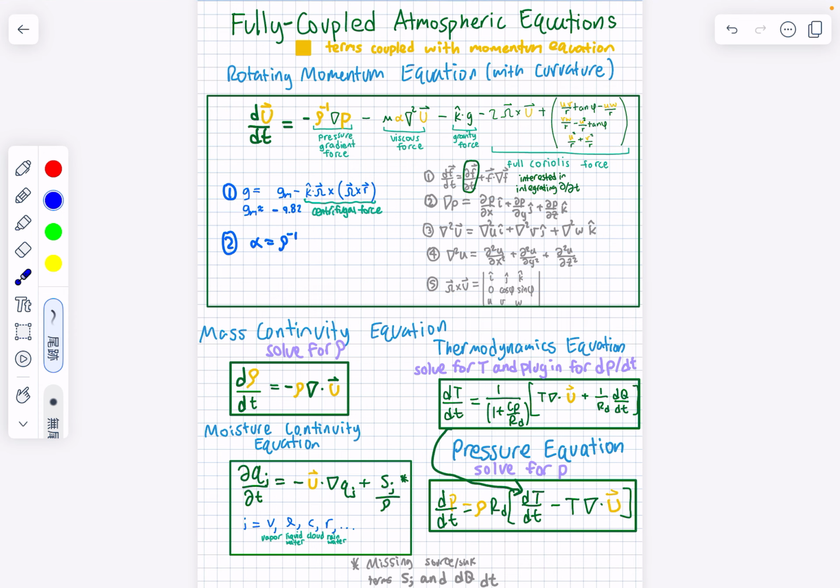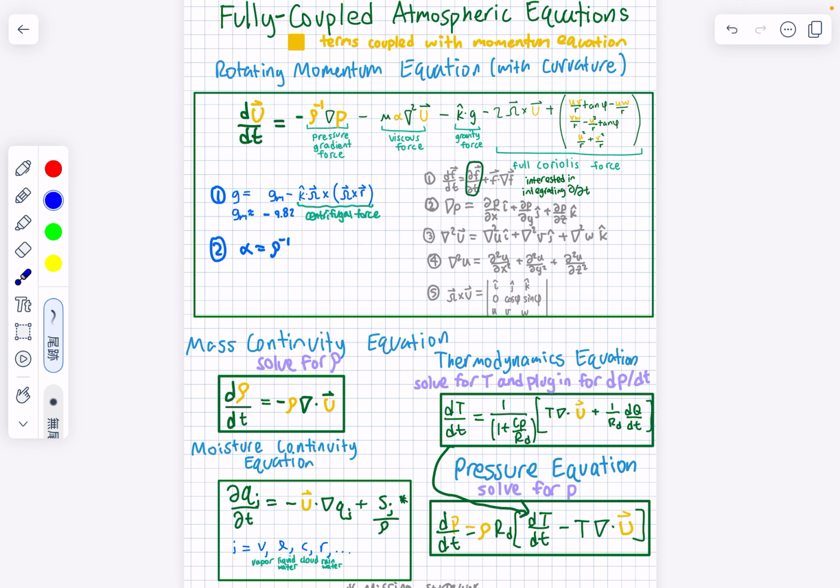So what we have here is du/dt equal to the pressure gradient force plus the viscous friction force plus the gravity force plus the Coriolis force plus the curvature terms related to the Coriolis force.